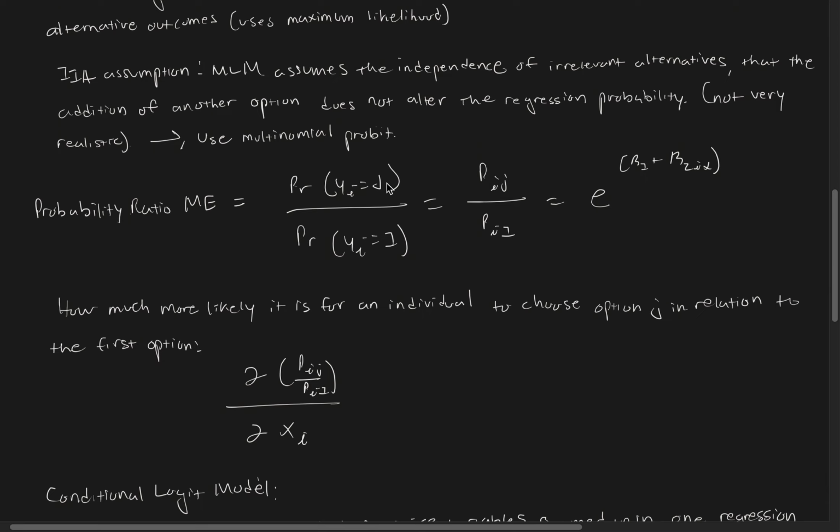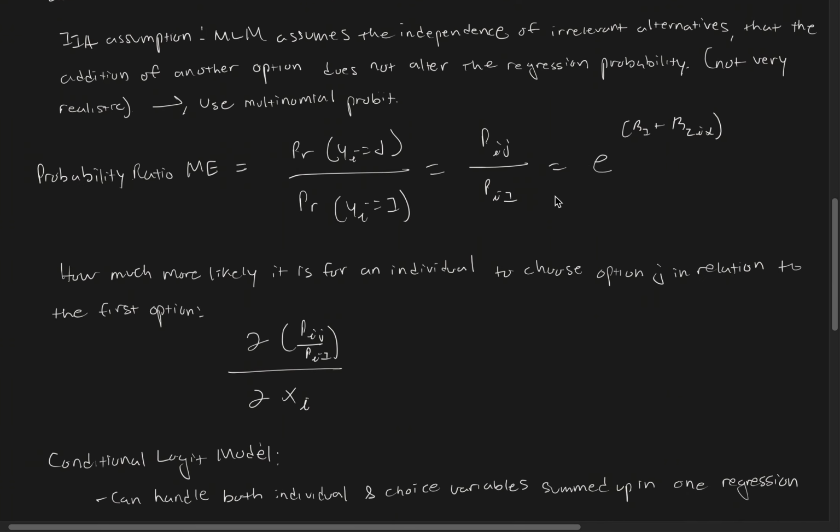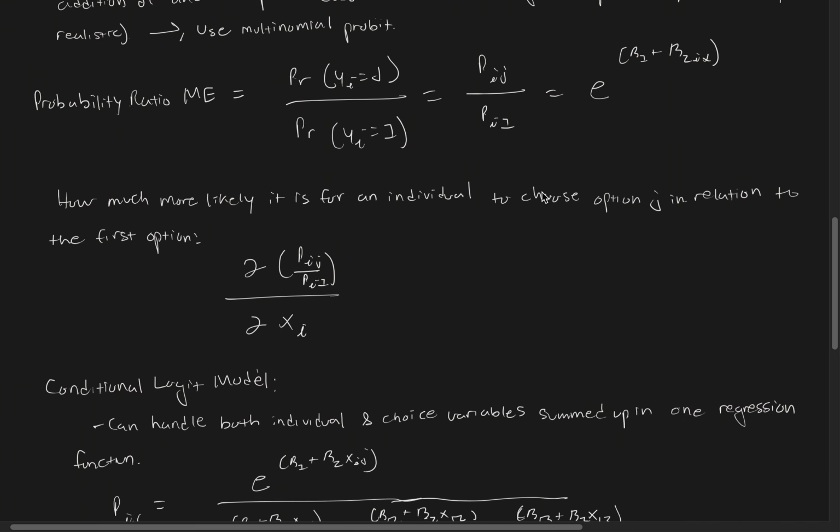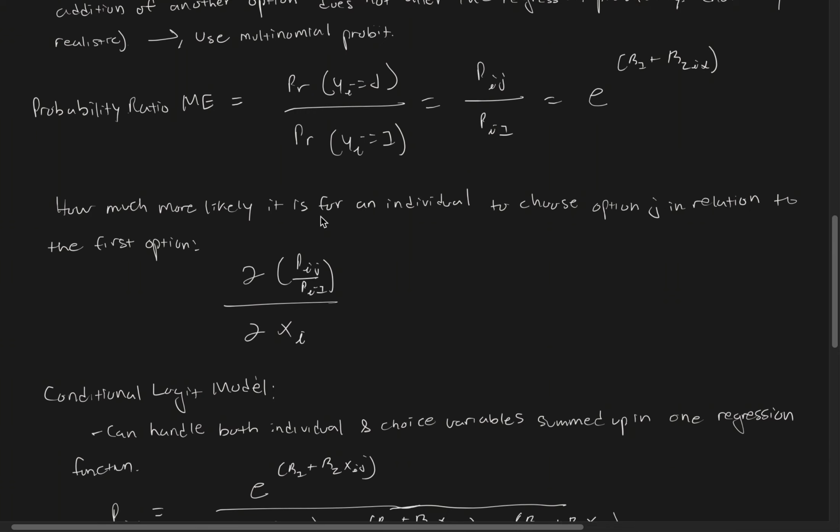This is written more generally by J, and then this considers that the individual chooses a specific option that we call option 1. And so in result, again, we get a log probability where we take e to the power of the regression function. And so that's a probability ratio.